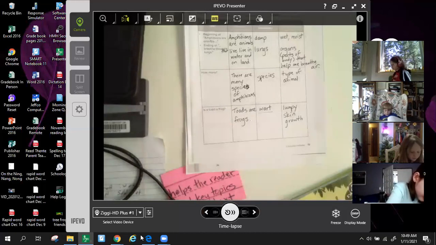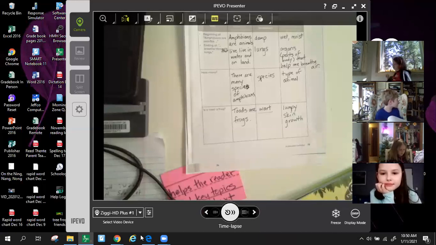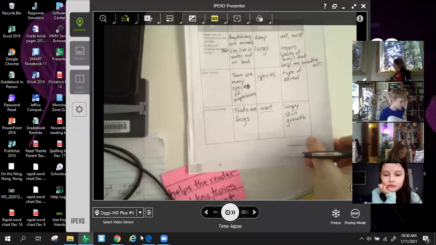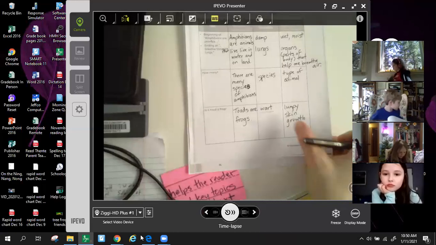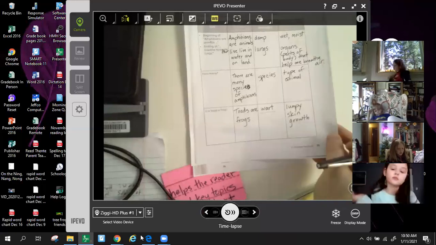Something that grew on our skin, and we didn't want to just say lumpy skin, but it's a growth. If you didn't get anything filled in with those, you might want to. Anybody else have a different vocabulary word that they put in either of those?